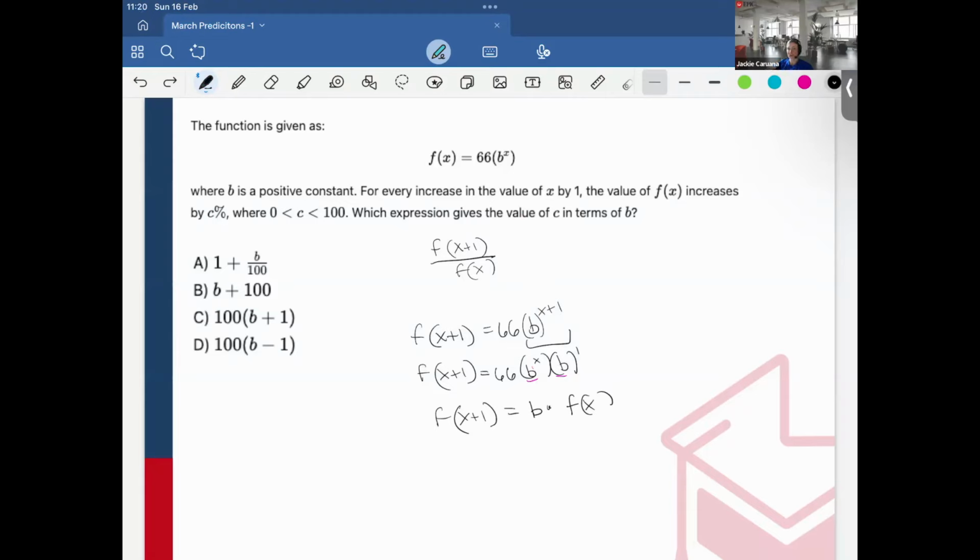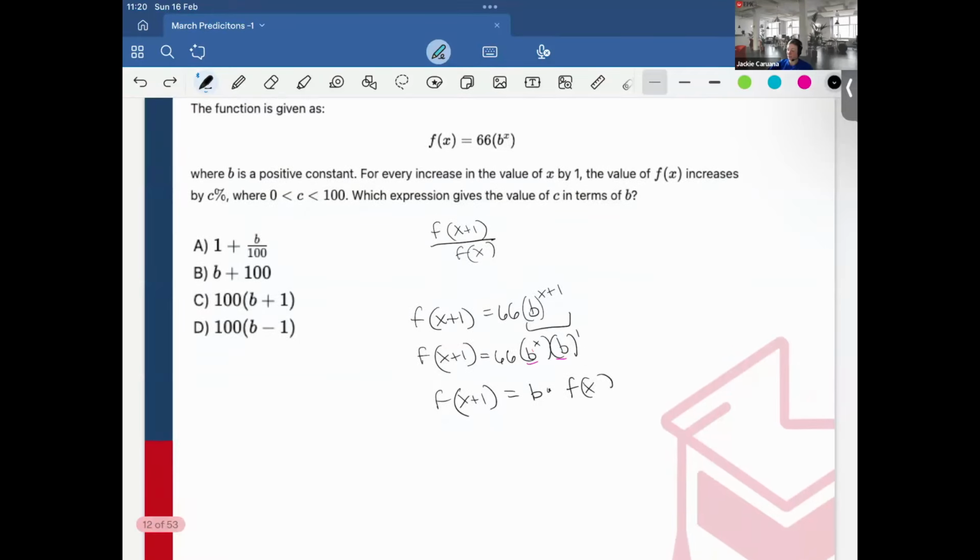So since the function is increasing by c%, we know that the ratio I did above, f of x plus 1 over f of x, is going to increase by c%. So a percent increase would be 1 plus c over 100. Well, going back here, since I'm trying to get this ratio, if I do f of x plus 1 over f of x, that's going to be equal to b.